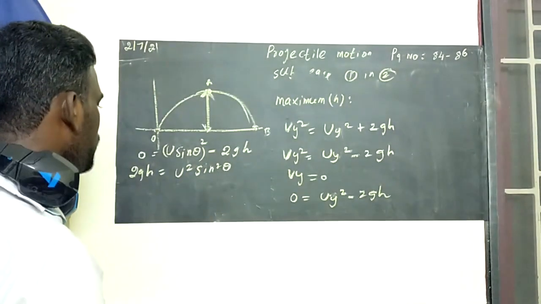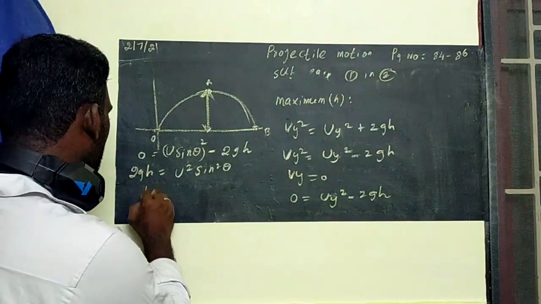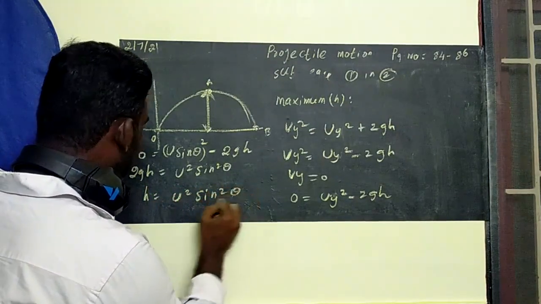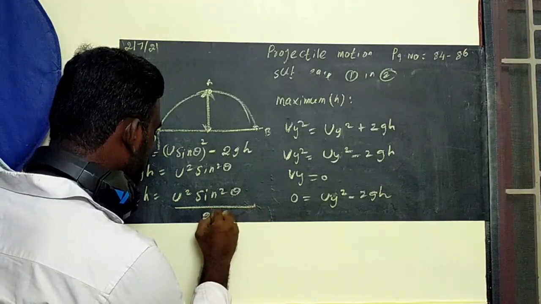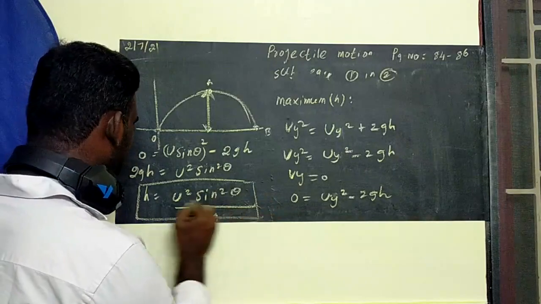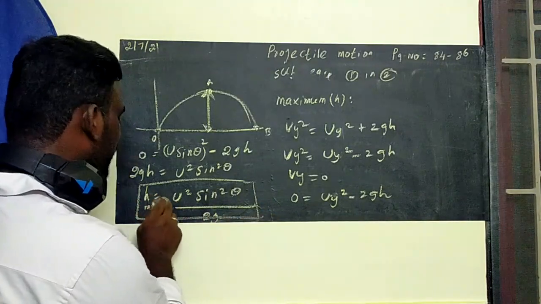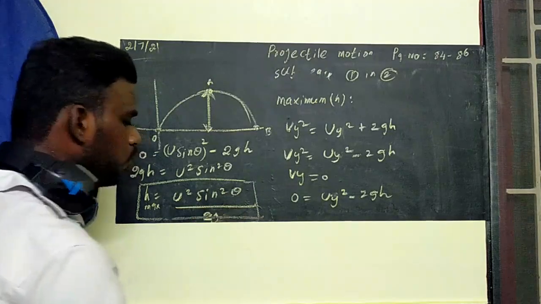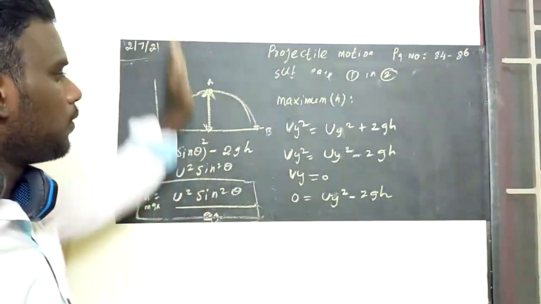Is that clear? So from this I can write h equals u squared sin squared theta divided by 2g. This is the total maximum height, so h max equals u squared sin squared theta divided by 2g. This is the maximum height of the body.